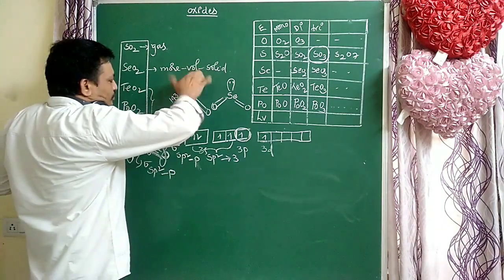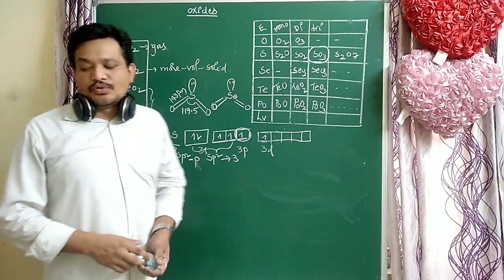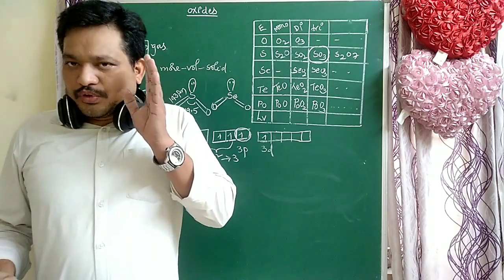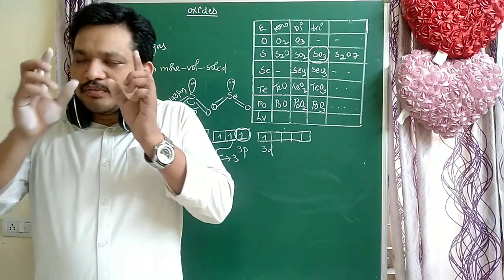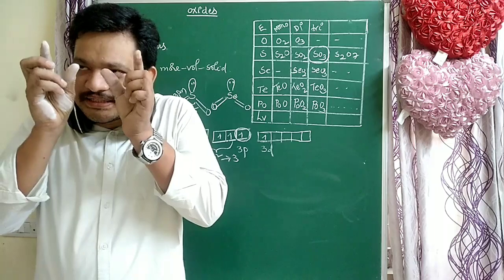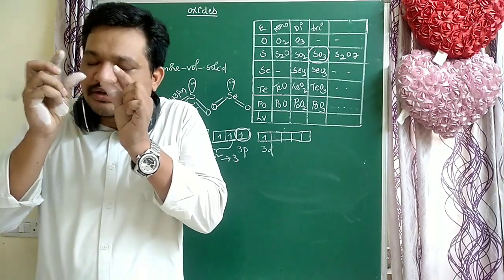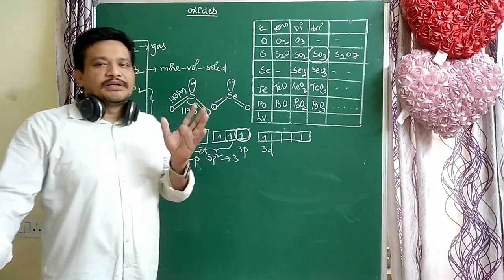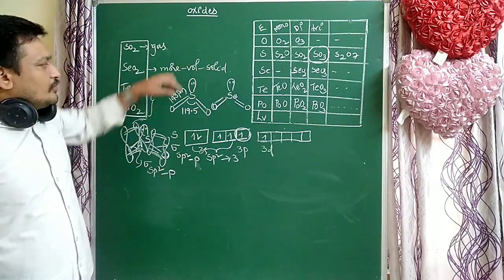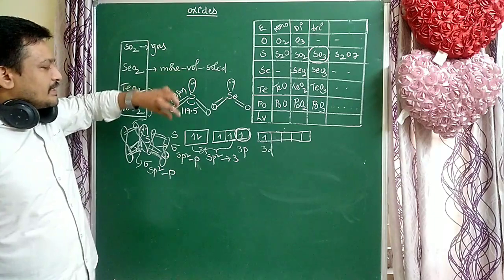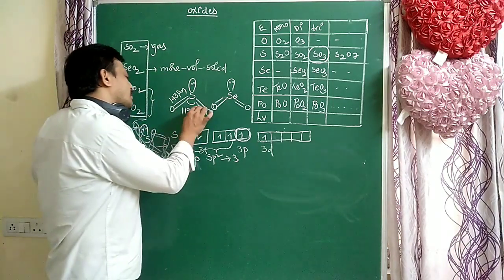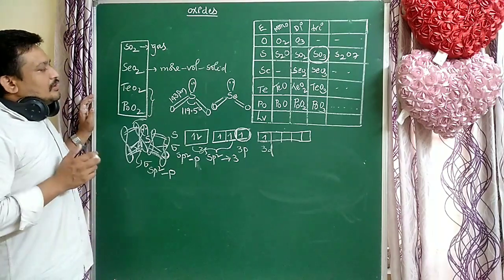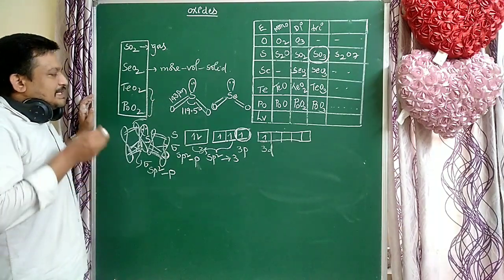Due to lone pair and bond pair repulsions, the bond angle decreases. For sp2 hybridization the bond angle is 120, but due to the lone pair it decreases, though only slightly.